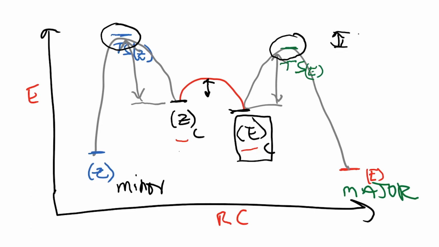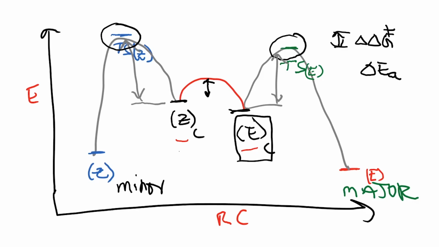So this difference, that is the delta G double dagger or delta of EA, activation energy, is something that's going to play a role in determining the product ratio in the reaction of interest.